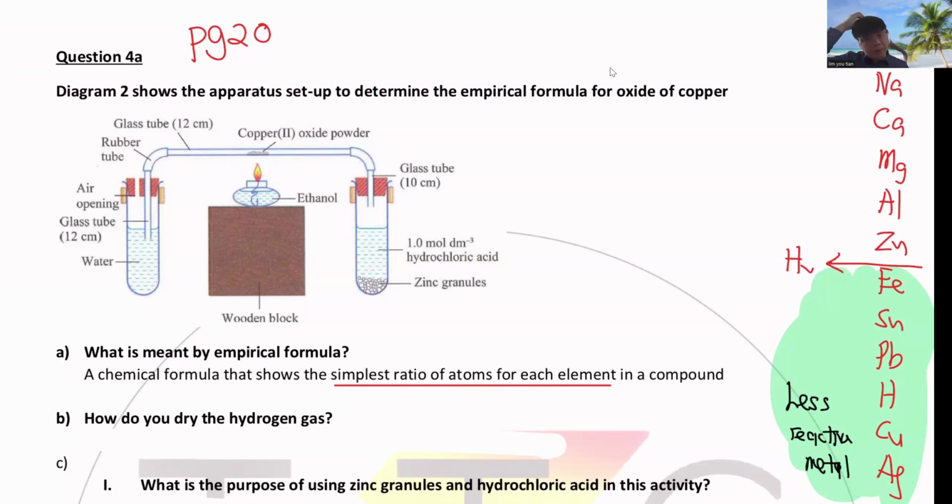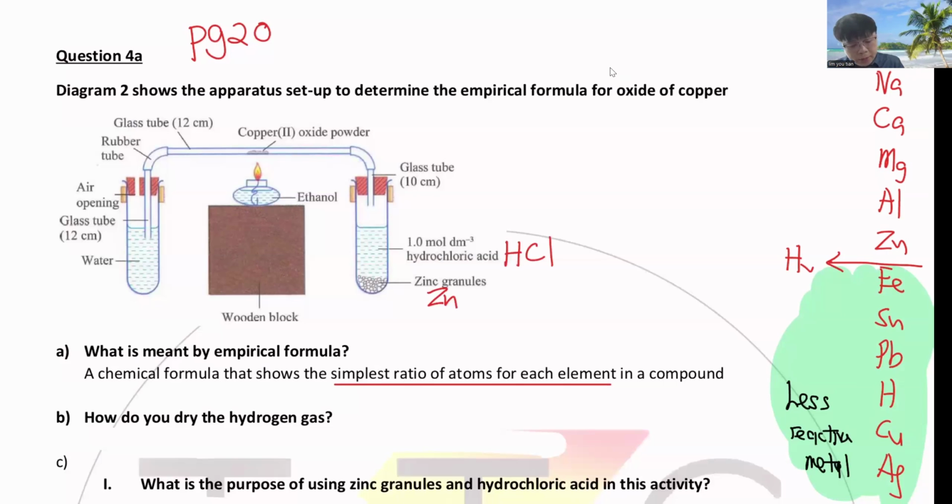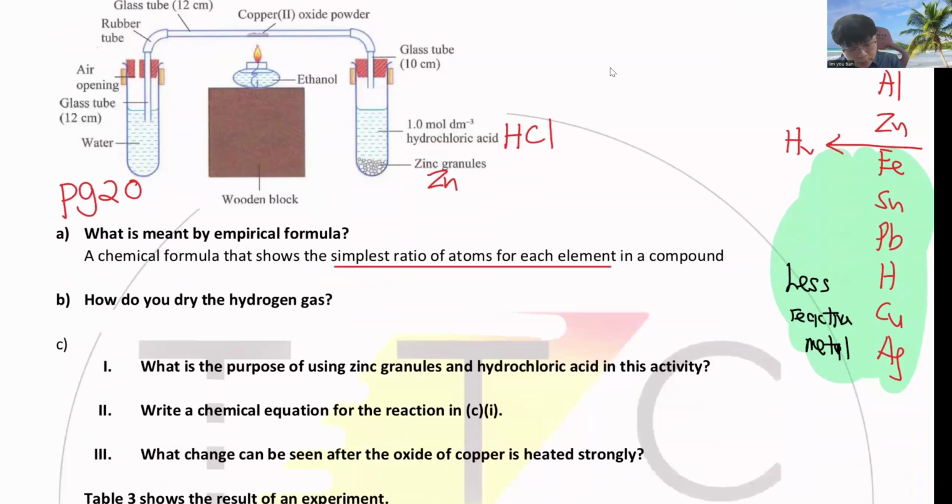Okay, how this experiment works is very simple. You have zinc here, then you have HCl. These two chemicals will add up together and actually produce hydrogen gas. So you can see here, what is the purpose of the zinc granules and hydrochloric acid?